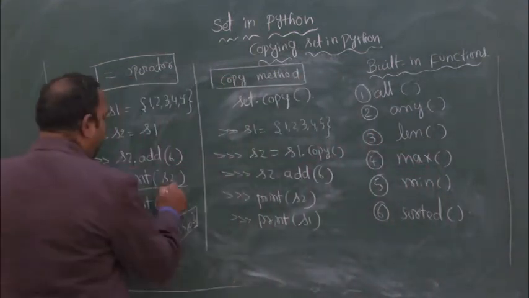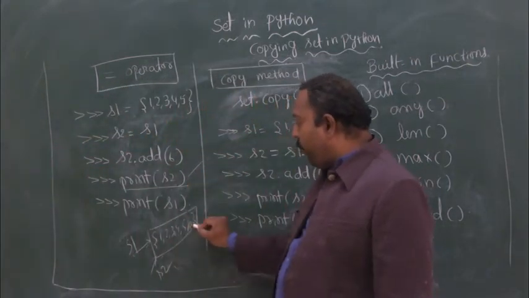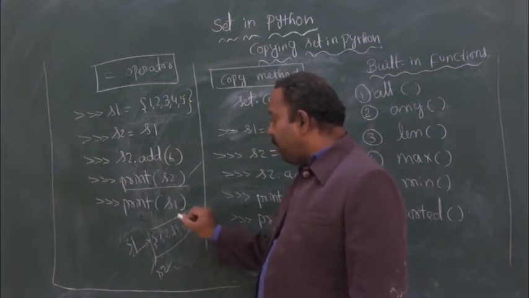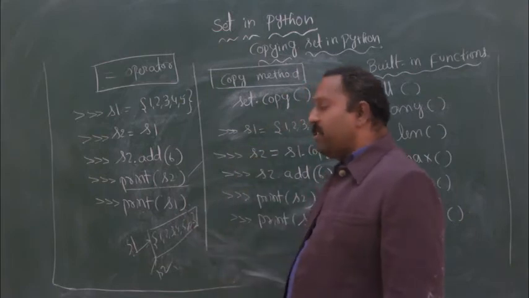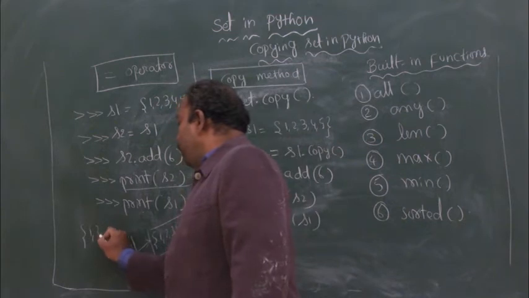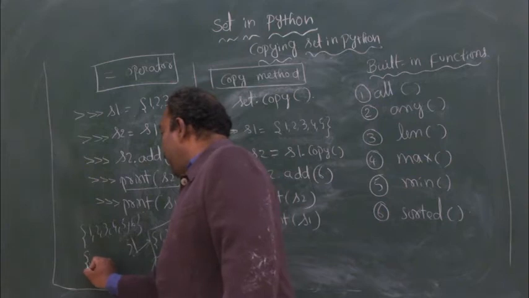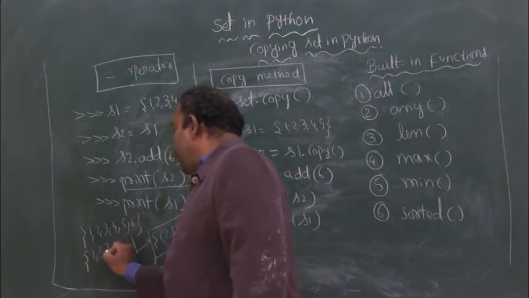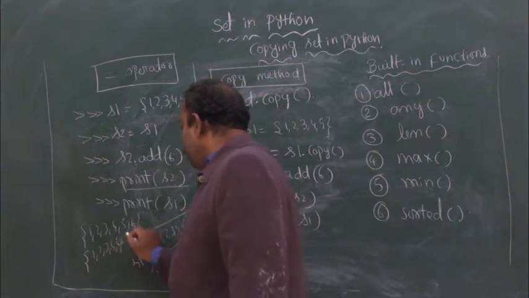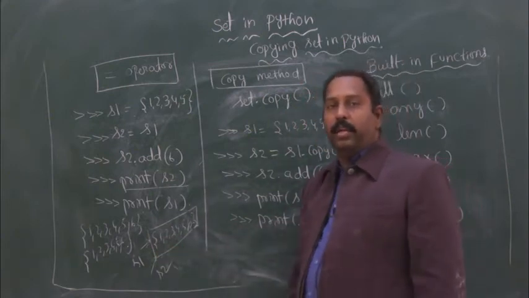Print S2 gives 1, 2, 3, 4, 5, 6. Print S1, in this case also you get the output 1, 2, 3, 4, 5, 6. So in both cases you will get the same output.